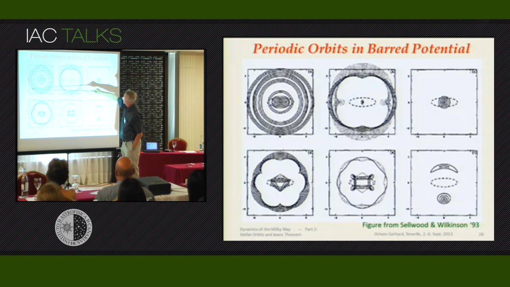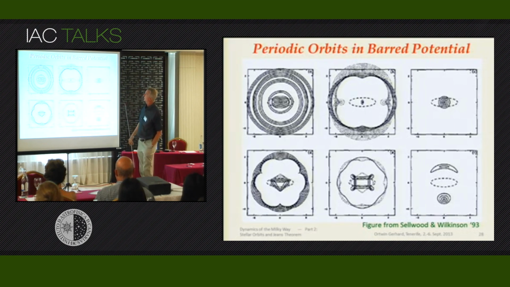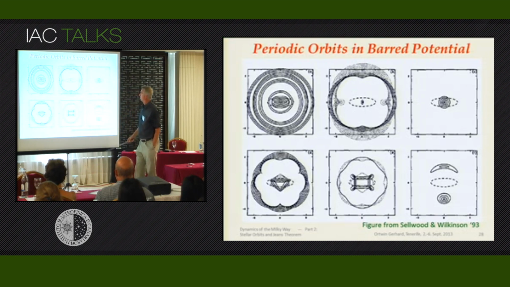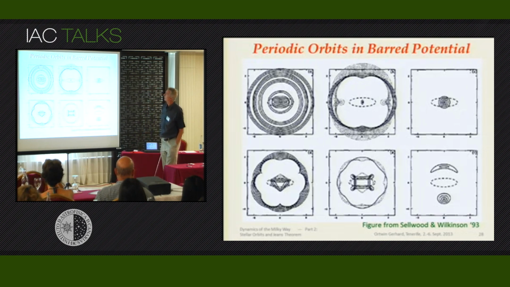Then as you cross outwards, you find the main family of orbits elongated along the bar, the so-called X1 orbits. And then as you cross the co-rotation radius, which is somewhere here, you're going to have again orbits oriented along the short axis of the bar. And when finally you go past the outer Lindblad resonance, it should be the other way around. So that's these main families.